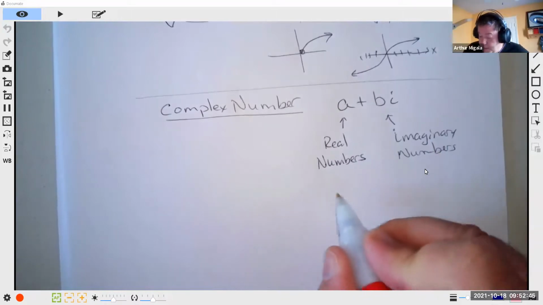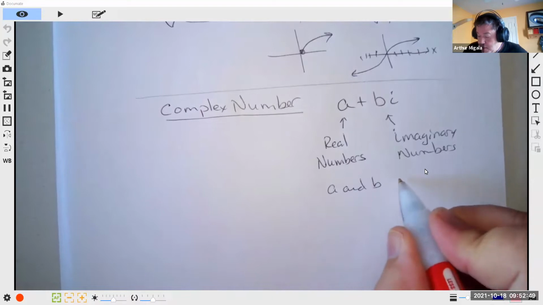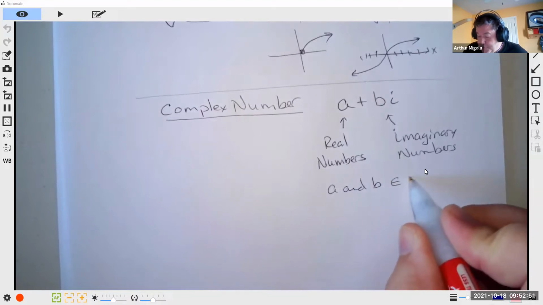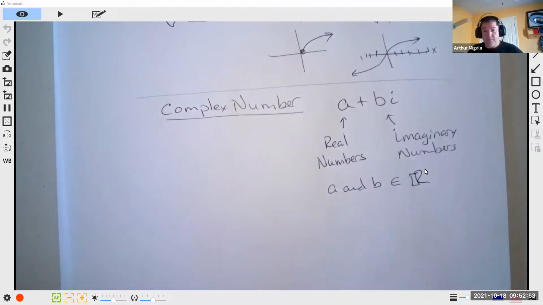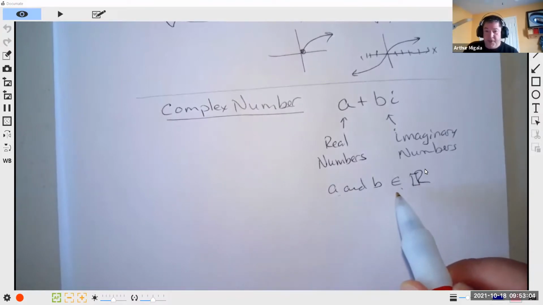And a and b belong in the set of real numbers. So they are elements of the real numbers.